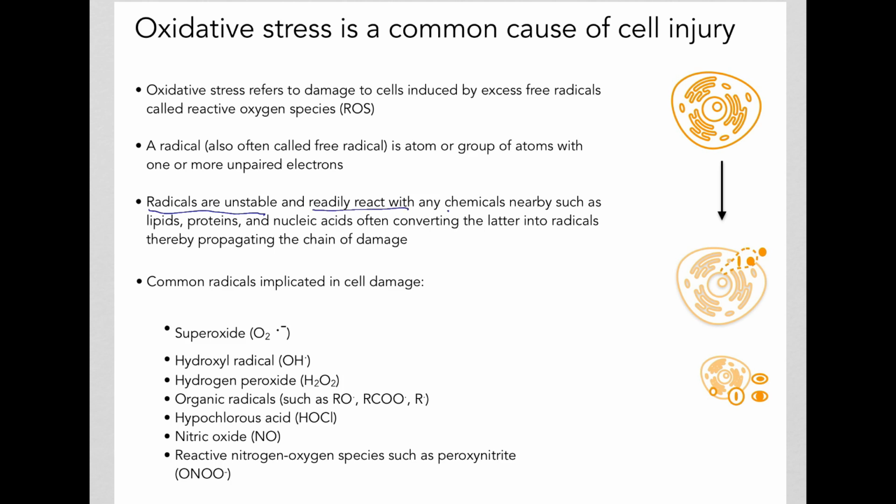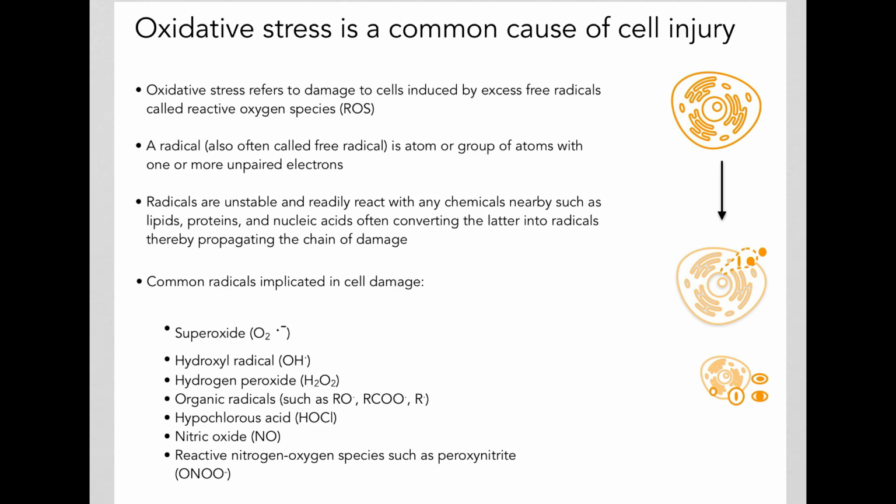They will react with any chemical nearby. So in the cell, if there are lipids nearby, the lipids will react with the radical. If there's a protein nearby, that would react with the radical. And if there's, let's say, DNA nearby, then the DNA would react with the radical.